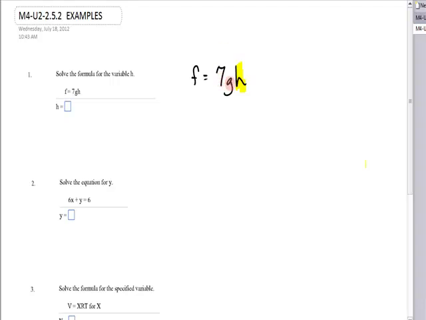Well, the 7 and the G, if those were numbers, I would multiply them together and get a single number, but I'll just have to treat it as 7G. 7G is being multiplied by H. So to get H alone, I need to divide by 7G. I'm doing the inverse. All right, that's gone, and I have H is equal to, I can't perform that division, so I leave it as F over 7G. So over here, you're going to have to use your little fraction tool and put these letters in.